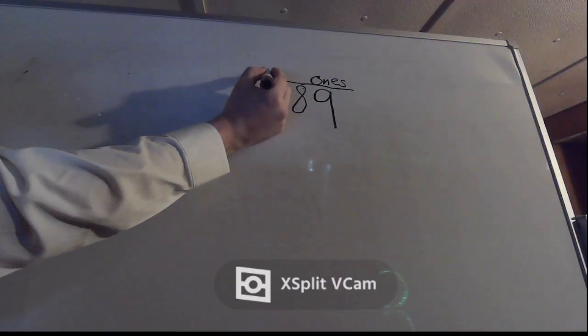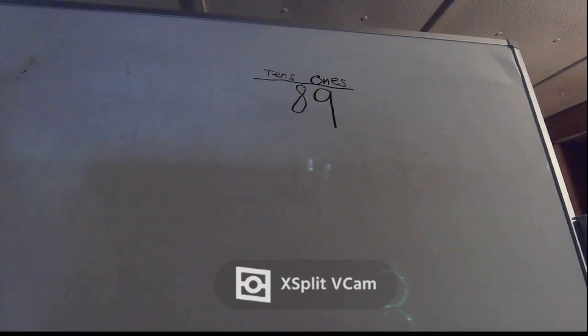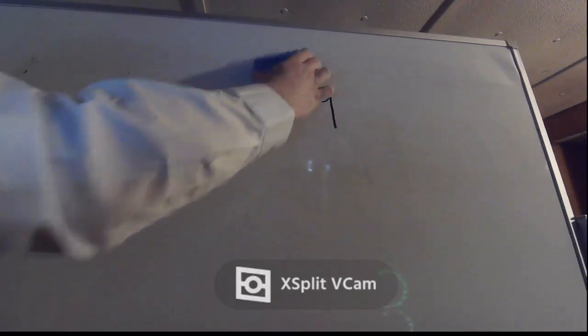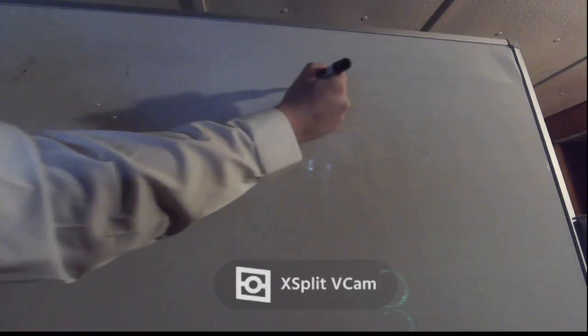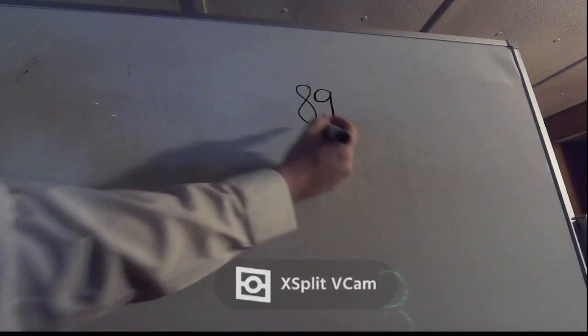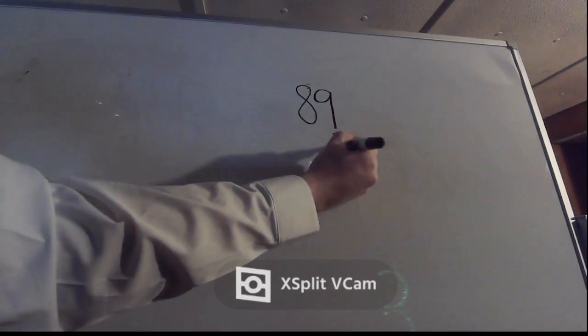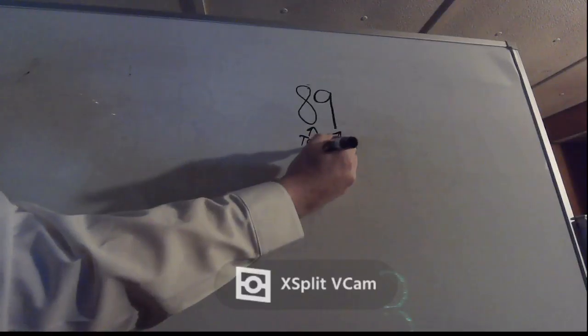That is going to be in the tens place. Let me write that a little bit better here. So 9's in the ones place. 8 is going to be in the tens place. Ones. Tens.